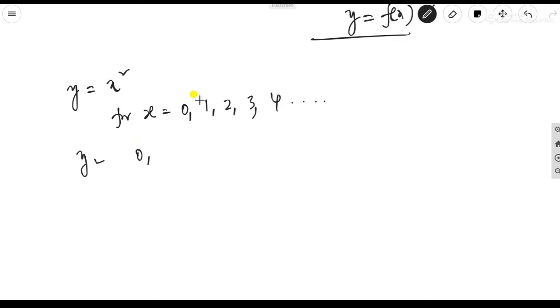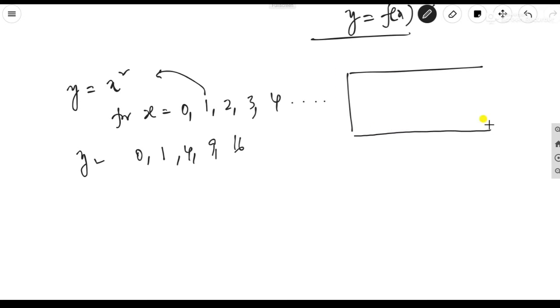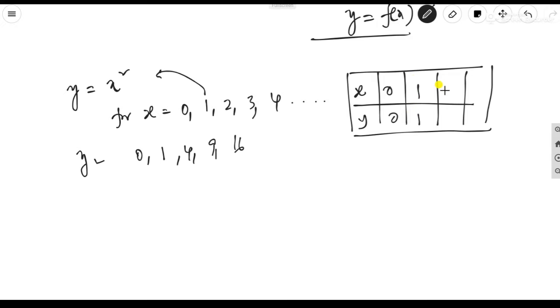When we substitute 1, it becomes 1. For 2 it is 4, for 3 it is 9. That means you can write a table like this, with x and y. For 0 this is 0, for 1 this is 1, for 2 it is 4, for 3 it is 9, like that.